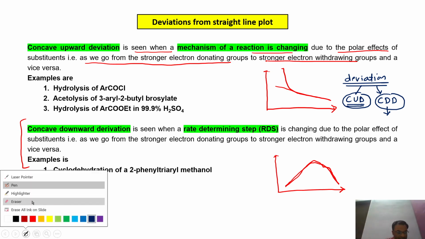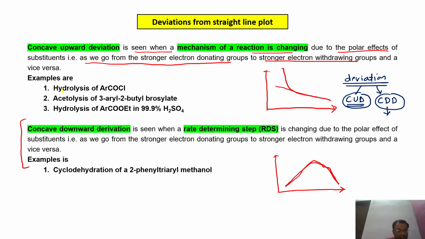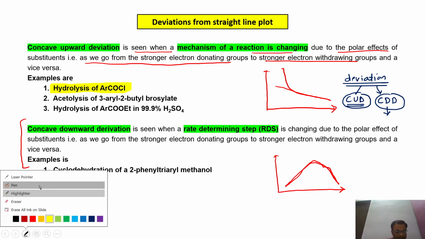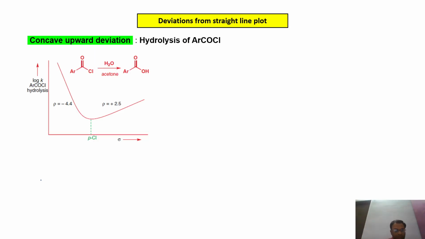Now let's have an example one by one. The first example is hydrolysis of acid chloride. In this reaction, simple hydrolysis of acid chloride is taking place in acetone.